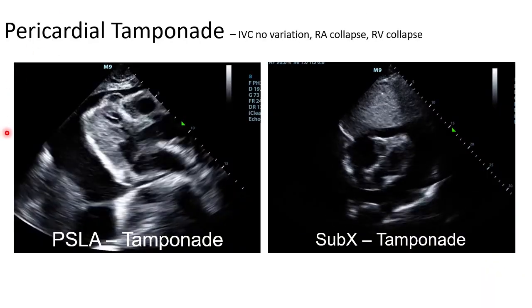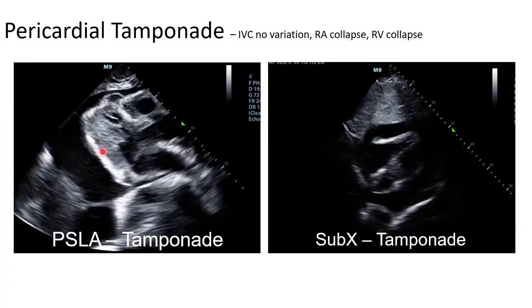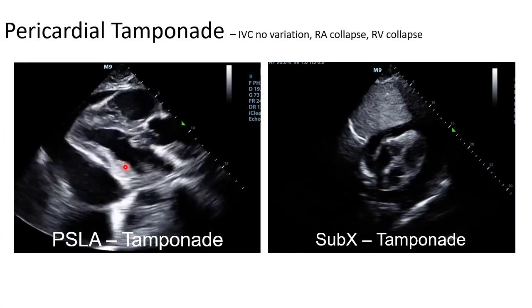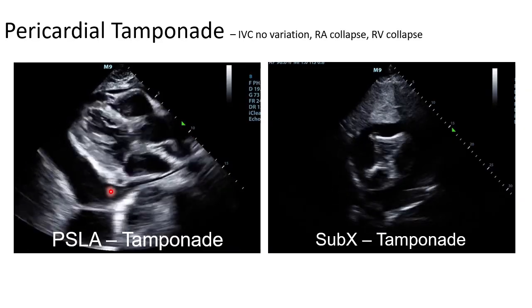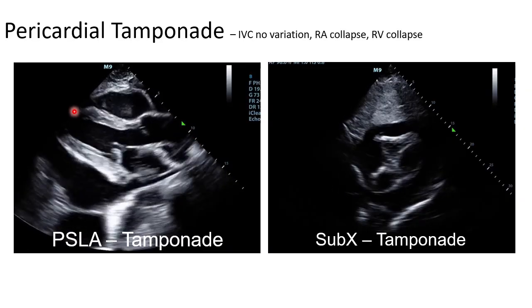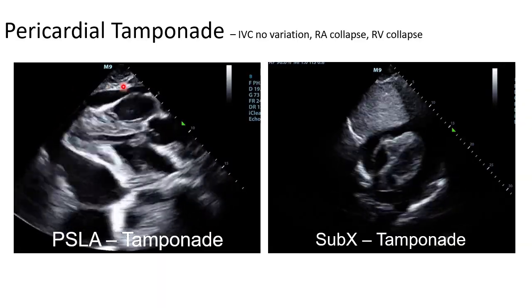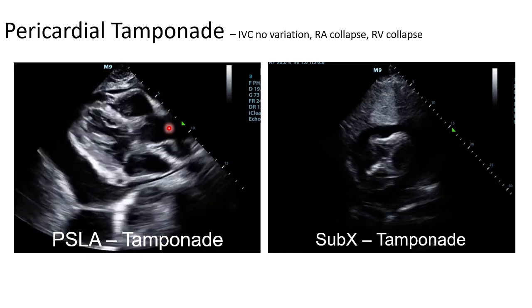So on the right you have the subxiphoid view of cardiac tamponade, and on the left you have the parasternal long of cardiac tamponade. A couple things I want to point out. So we know this is a large pericardial effusion or fluid around the heart. LA, the LV, the aortic outflow tract.